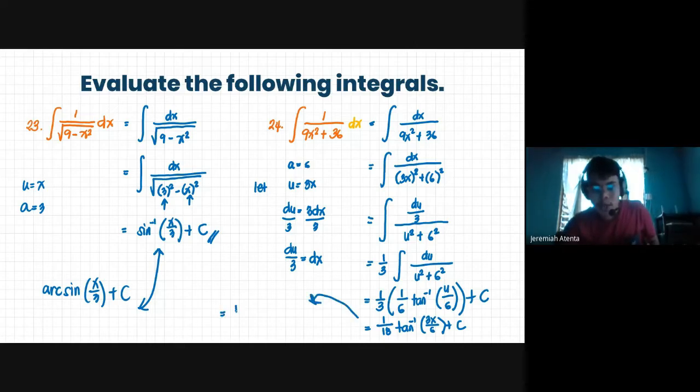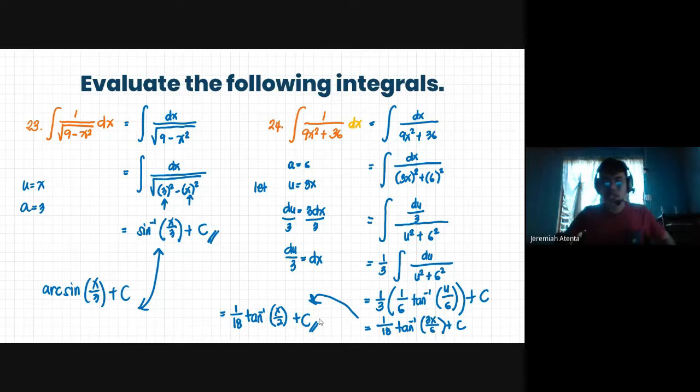This is just 1 over 18 tangent inverse of 3x over 6 is just x over 2 plus c. And this is now our final answer. Any questions? Any questions, clarifications? If there is none, kindly press 24.